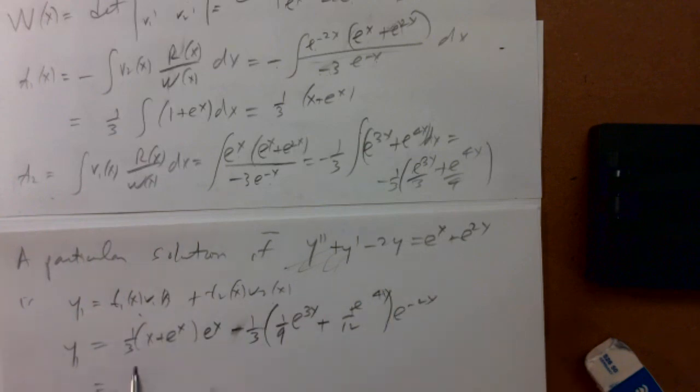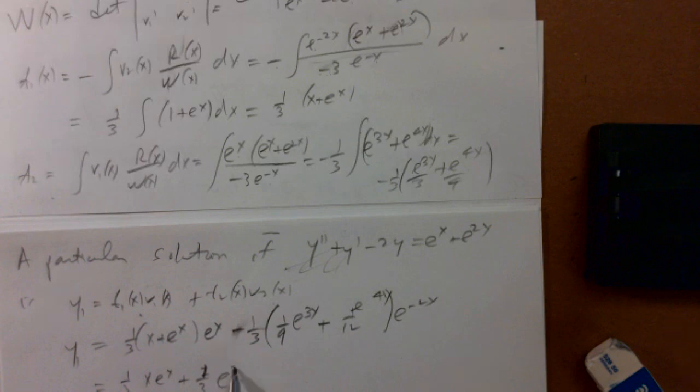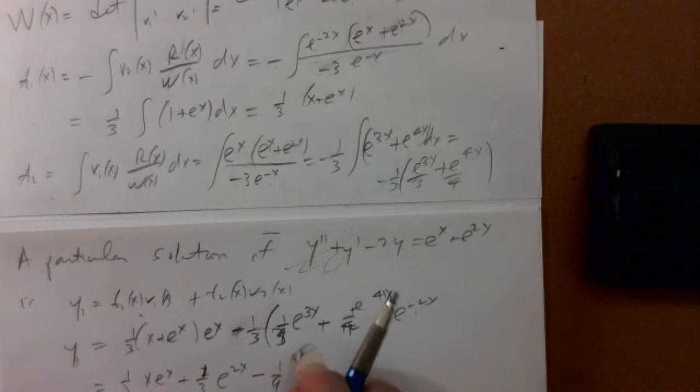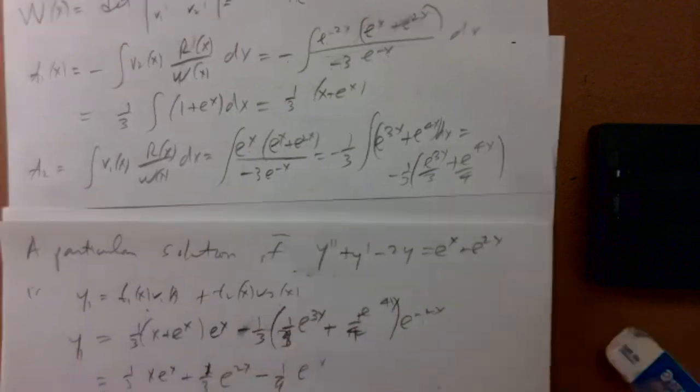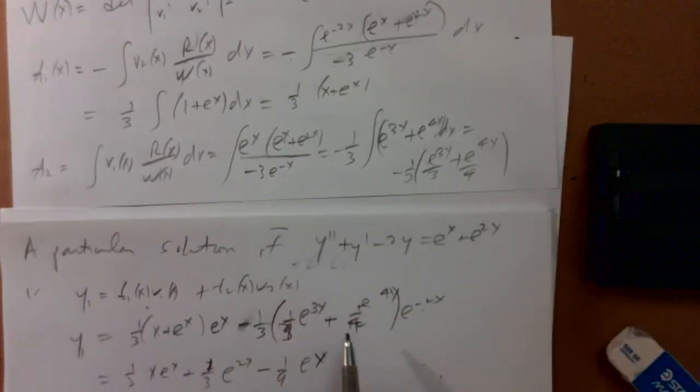So when I put all this together, let's see what I get. I get 1/3 x e to the x plus 1/3 e to the 2x minus, this is a 3 and a 4, minus 1/9 e to the 3x times e to the minus 2x, which makes this minus 1/9 e to the x, minus 1/12 e to the 4x times e to the 2x is e to the 2x.